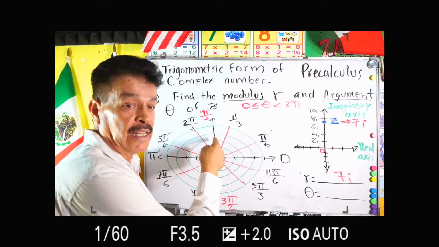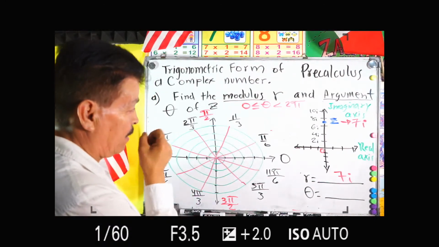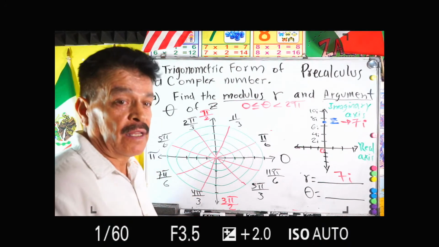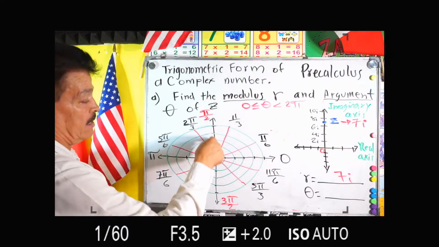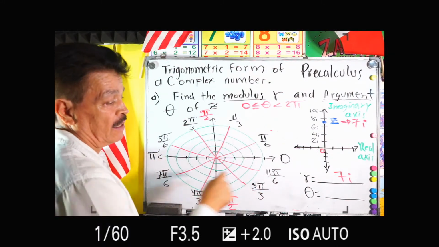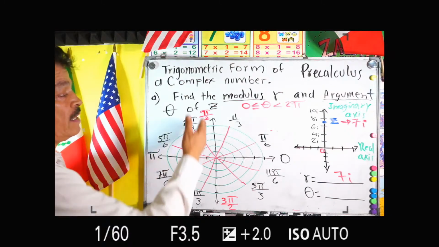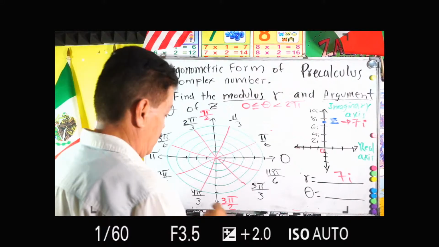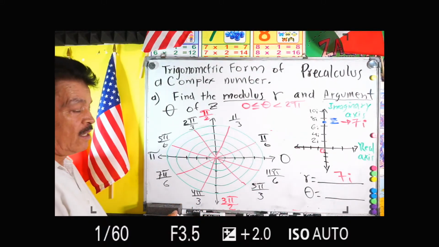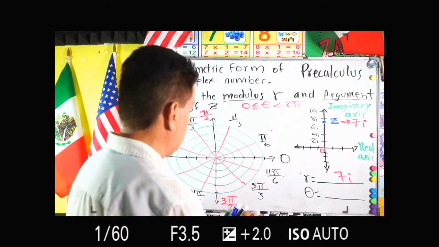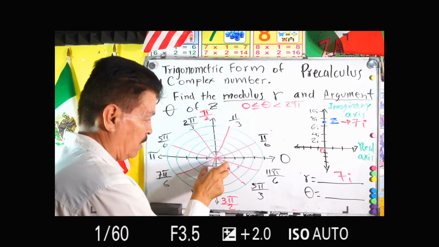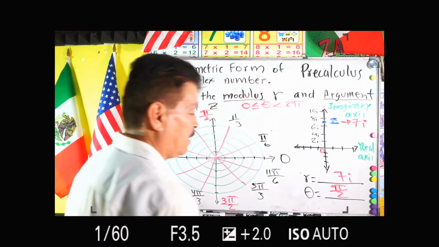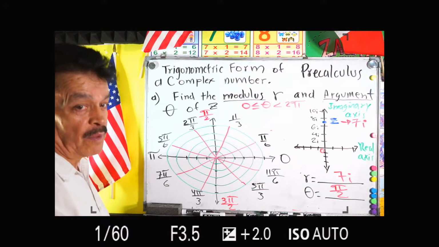So the terminal side of this angle, remember, is over the imaginary axis, so it's not this one. Let me write it. It's equal to pi divided by 2. It's right here. That's the size of the angle you're looking for.